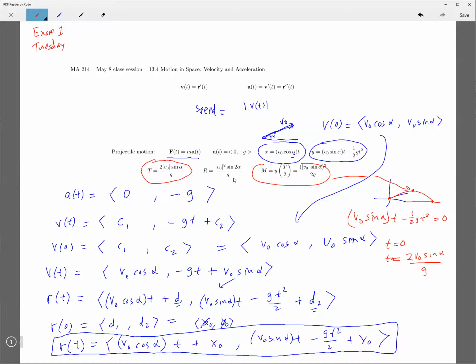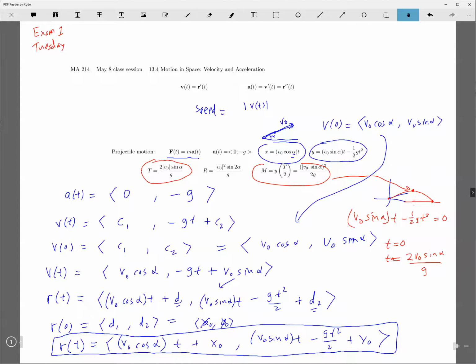Time is this. Range is you just plug time into the x value, and that's going to tell you how far it is down there. So yeah, that's projectile motion.